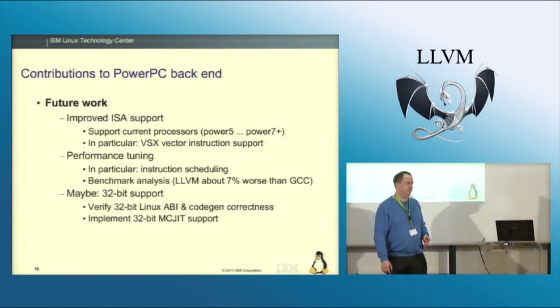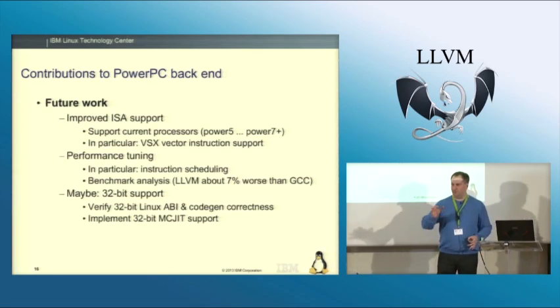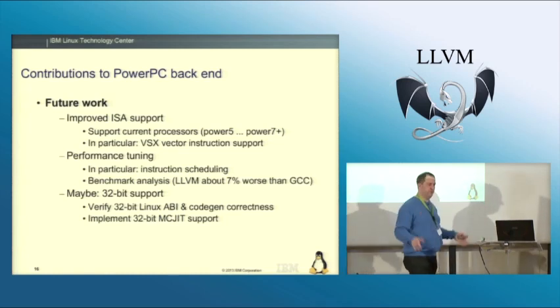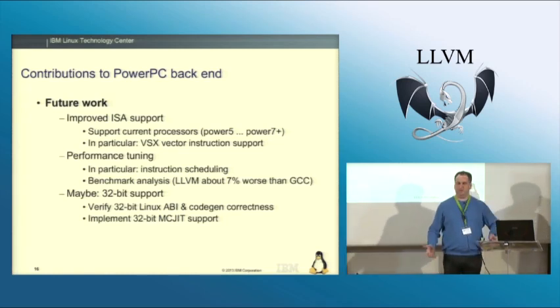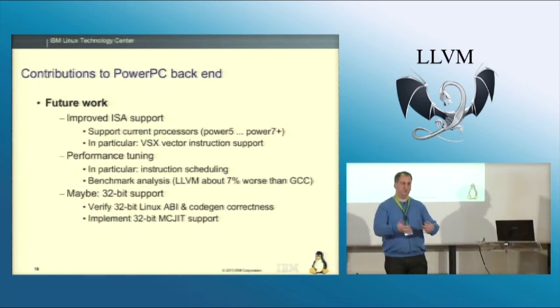As Chandler said this morning, performance numbers are always interesting. So I have a number here, take it with a grain of salt. With an industry standard benchmark that I'm not supposed to mention because we didn't follow all the rules you're supposed to follow when measuring that.